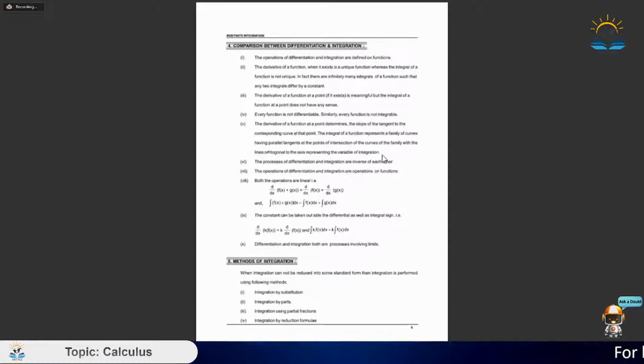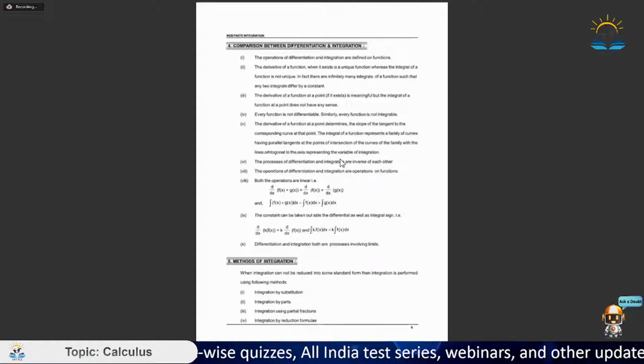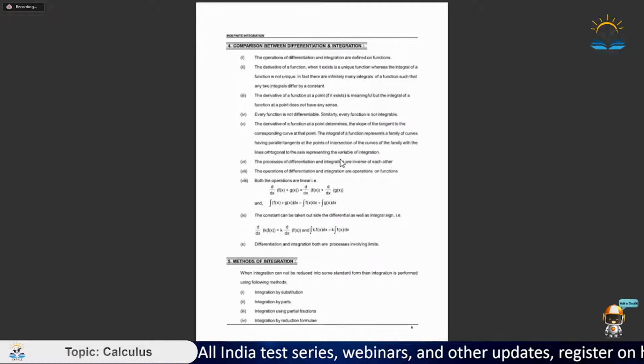Basically, suppose there are two functions that intersect each other. For those two functions, the integration represents the family of curves which have parallel tangents at the point of intersection of the curves.